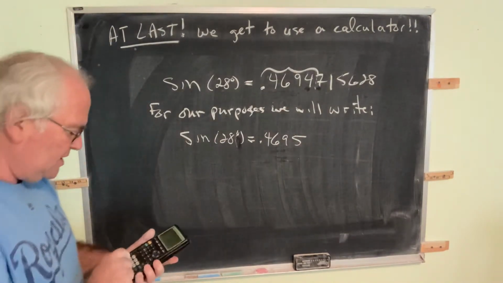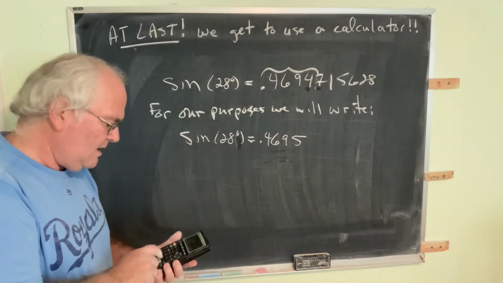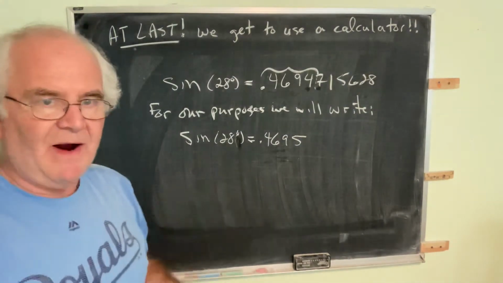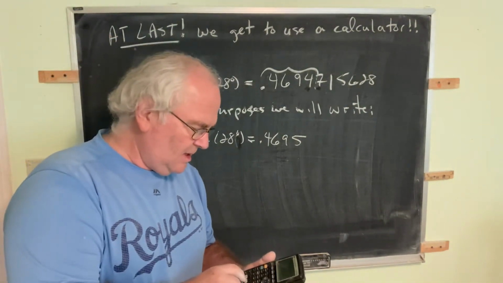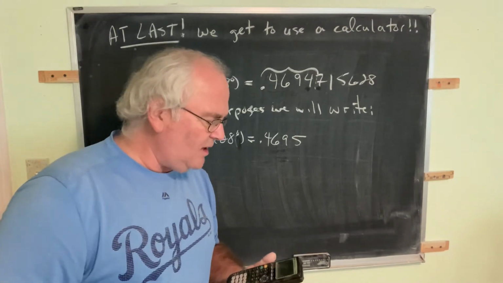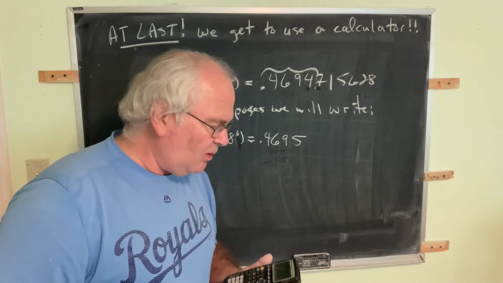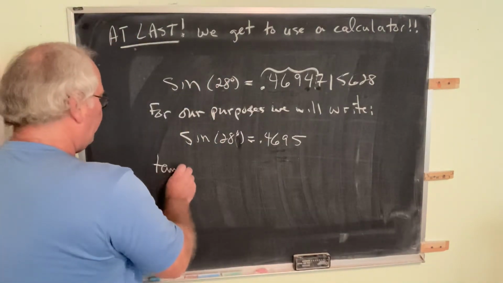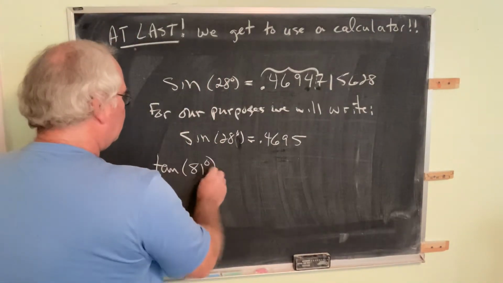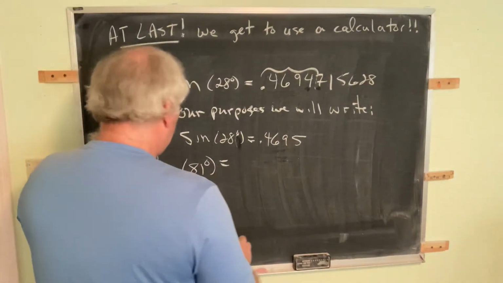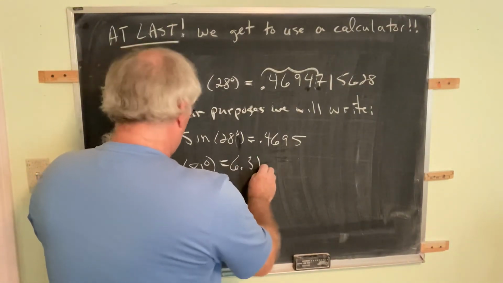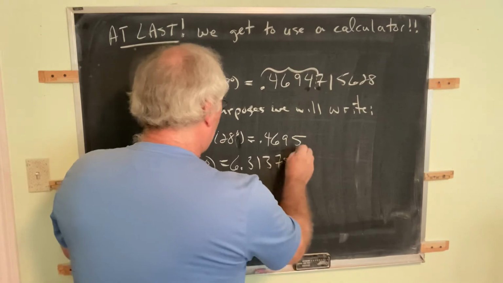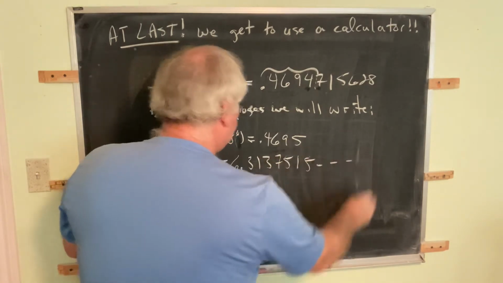Suppose we have, let's do tangent of, pick a number out of the blue sky, 81 degrees. Tangent of 81 degrees I have is 6.3137515 something.